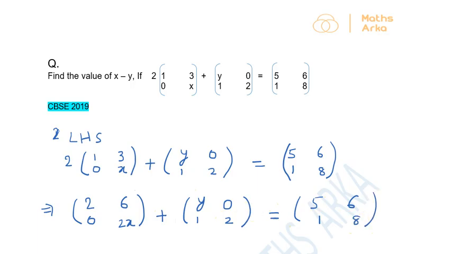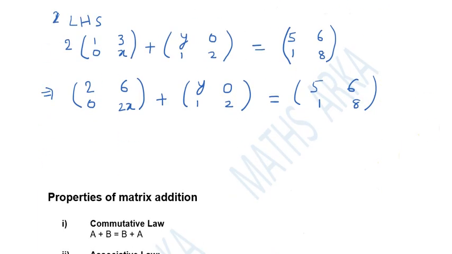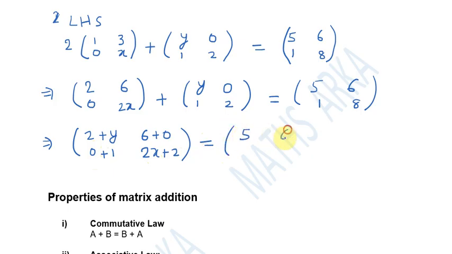Now if we proceed further, we just need to add these two: 2 plus y, 6 plus 0, 0 plus 1, and 2x plus 2 is equal to 5 6 1 8.